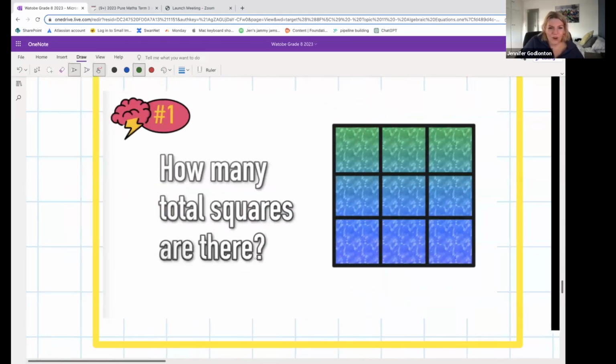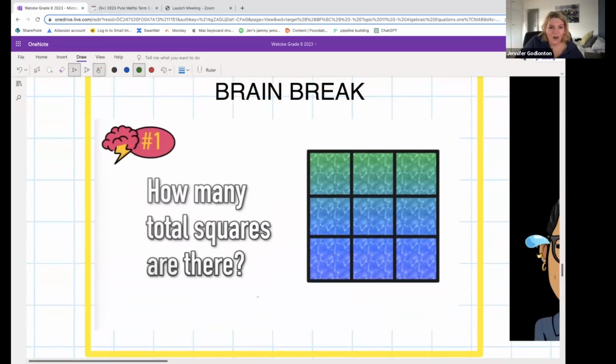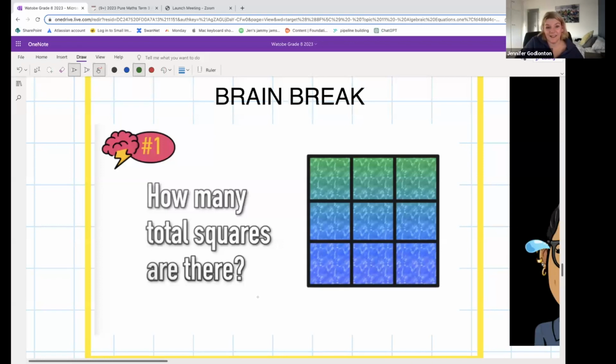Okay, so your brain break for today is how many squares are there in this picture? How many squares are there in this picture? There are more than 10 squares. There are more than 9.